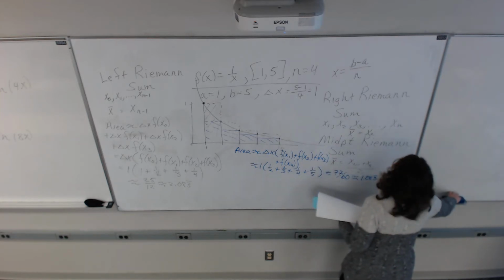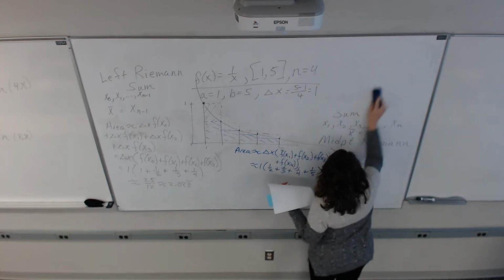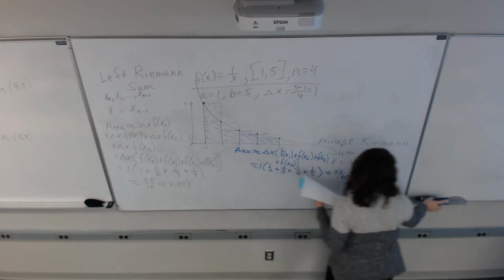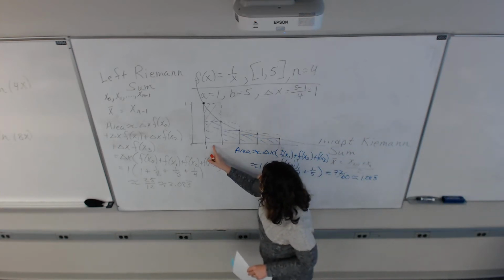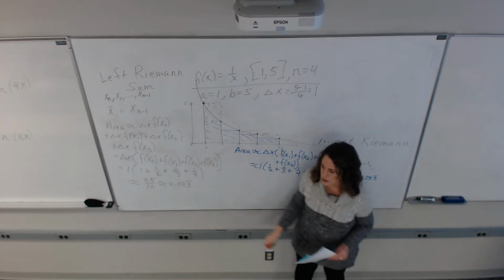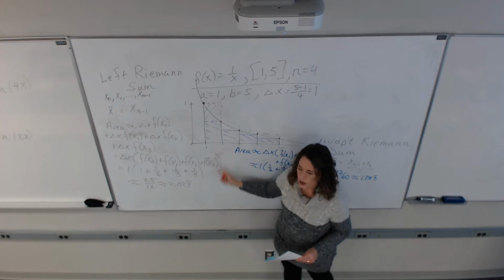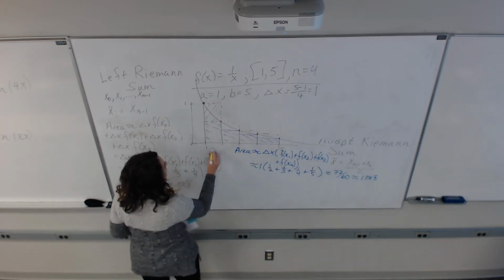Okay, so let's do the midpoint. If I'm going to do the midpoint Riemann sum, what is the midpoint of partition 1 or interval 1? What's halfway between a 1 and a 2? Now you can do it either way you want.